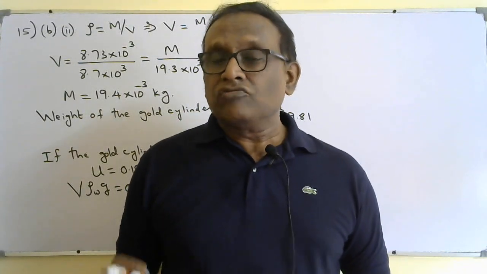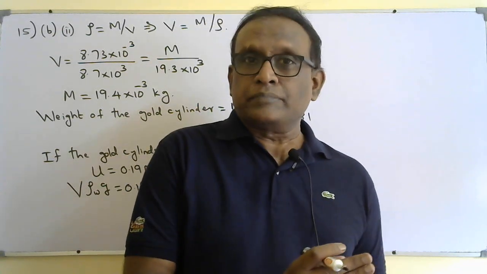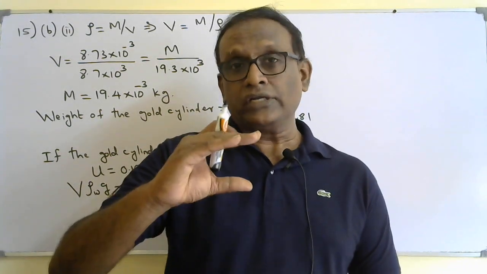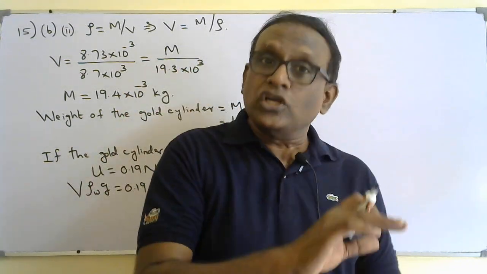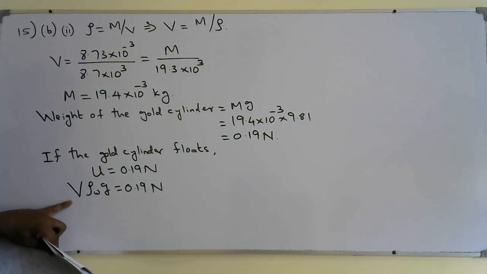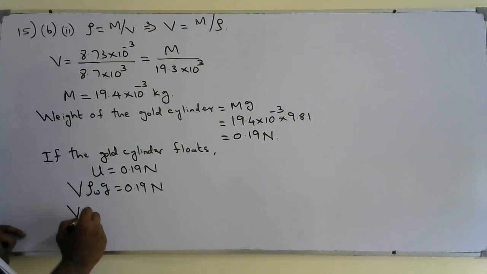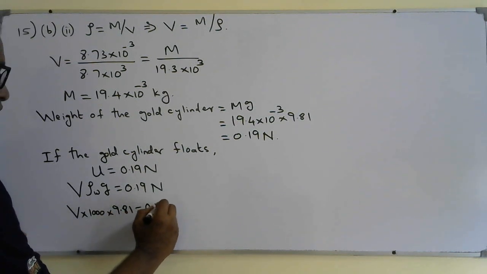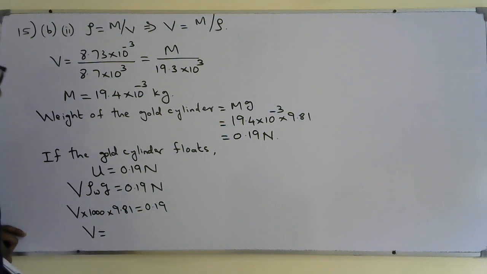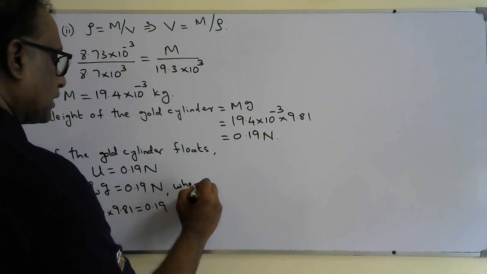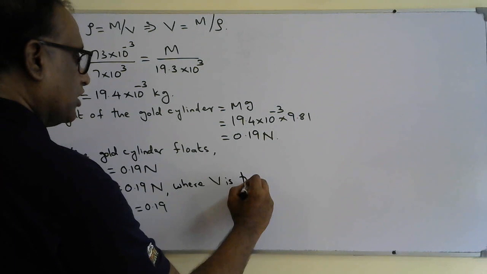So I am going to find what volume of water must be displaced in order to make the gold cylinder float. Then we'll check that volume with the volume of the cylinder. Right? So V into 1000 into 9.81 equals 0.19. Here V is the volume of water that must be displaced.